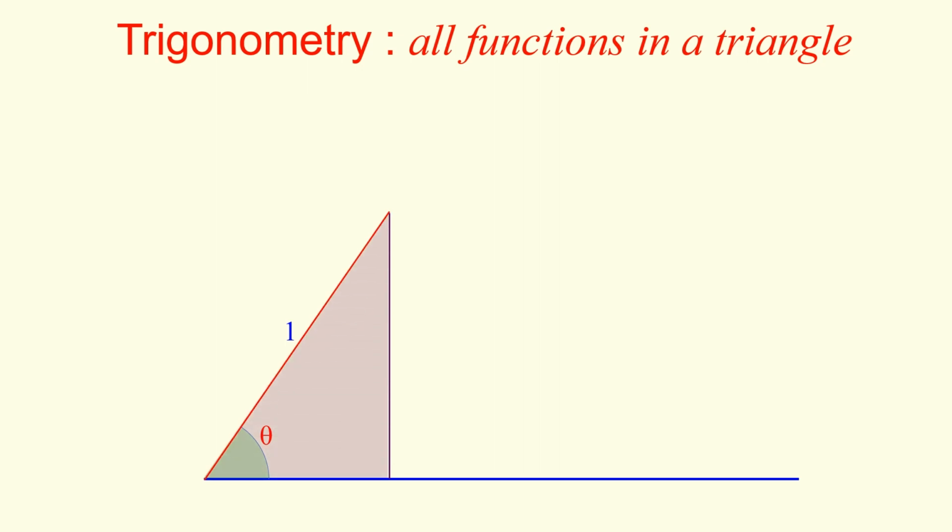Draw an angle theta with angle arm equal to unit length. Drop the perpendiculars on horizontal line and vertical line. You will find sine and cosine of theta.